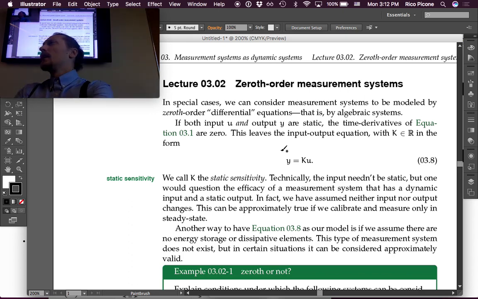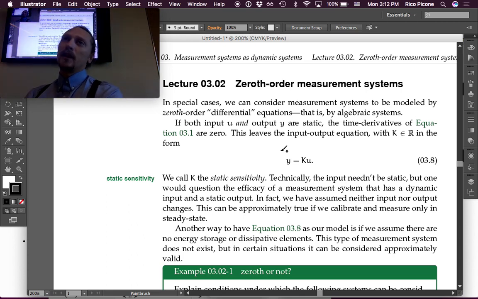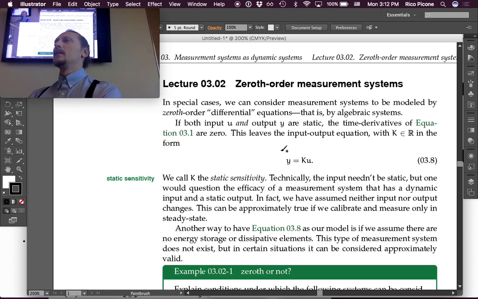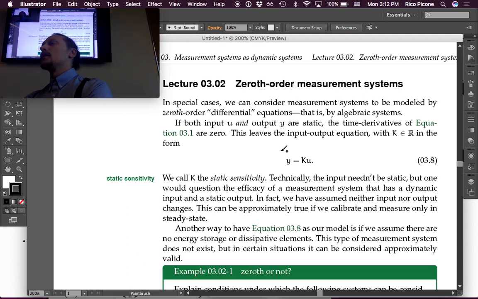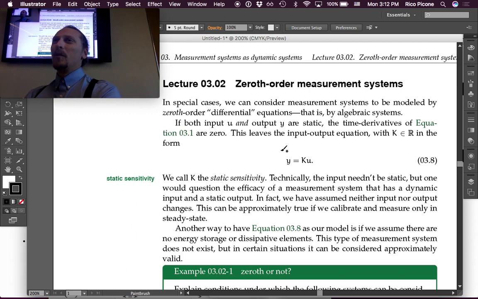Most measurement systems can be approximated by them. Second order is usually the highest order that we need to go to for most measurement systems. Some of them will get more complicated than that, but we needn't fear, and we would still be able to do it if it went higher. But we're just going to take a little bit of time to discuss these lower order systems first.